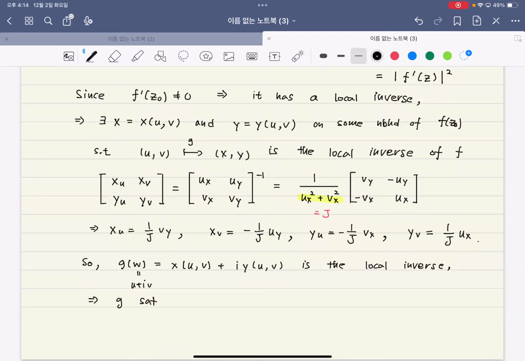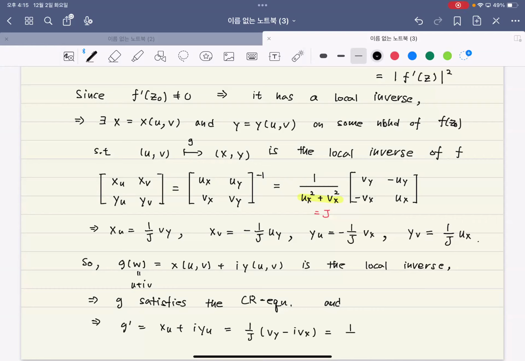G satisfies the Cauchy-Riemann equations and is the G derivative, which is xu plus i times yu, which is 1 over j times vy minus i times vx.